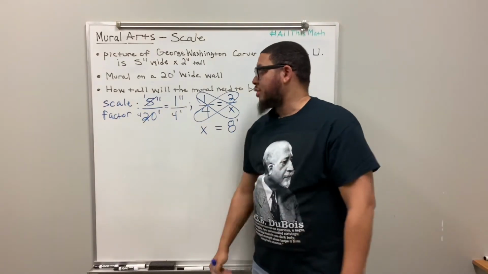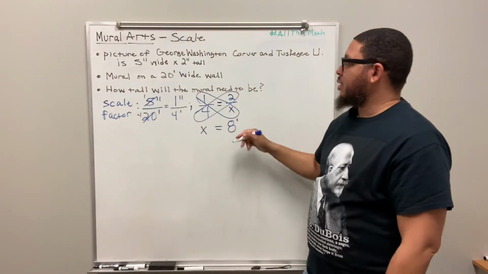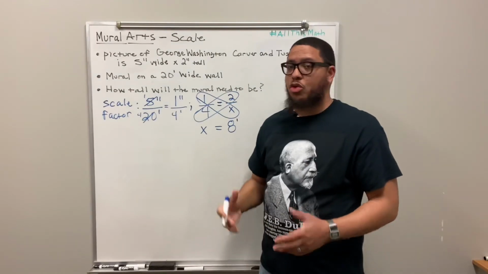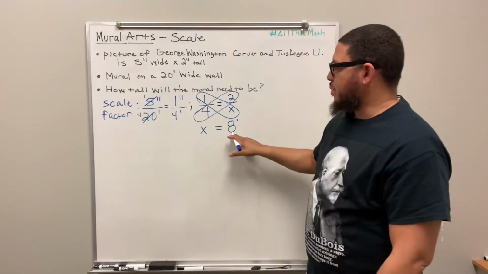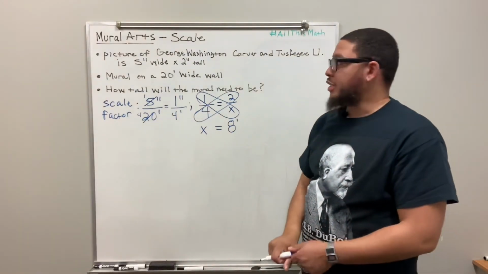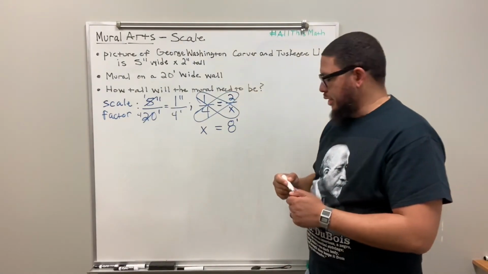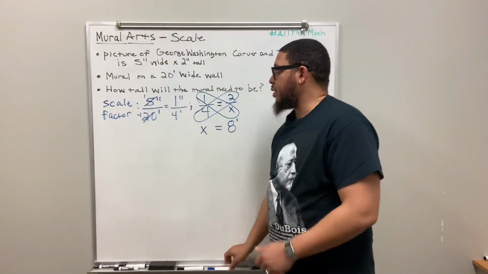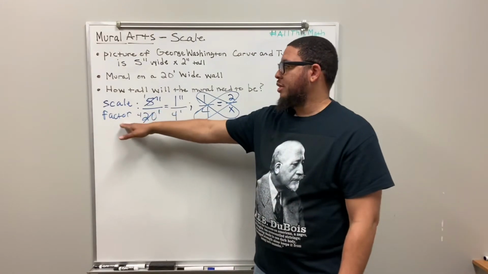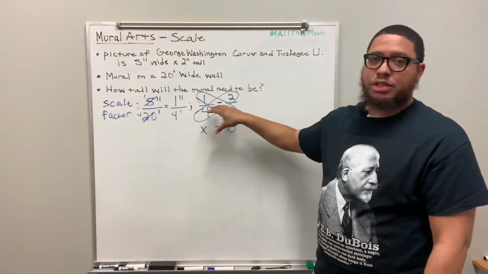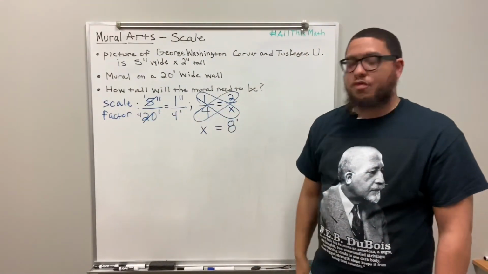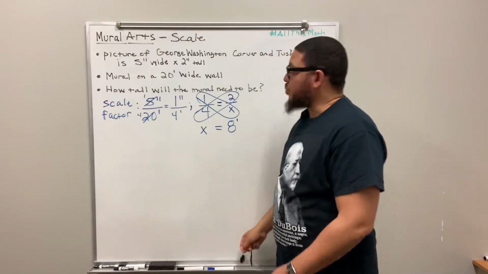That's our answer right there. How tall would a mural need to be in order to be to scale? It needs to be 8 feet tall. And that's about it. When you see a question like this, that's how you do it. You figure out your scale factor, and then you create a proportion, and then you solve for the unknown value. And that's pretty much it.